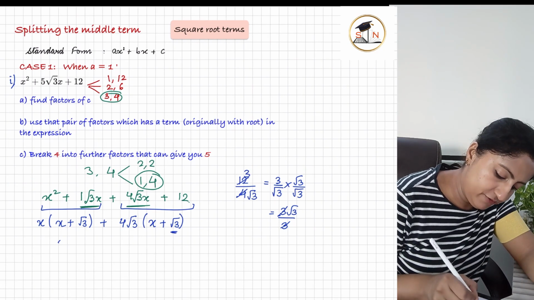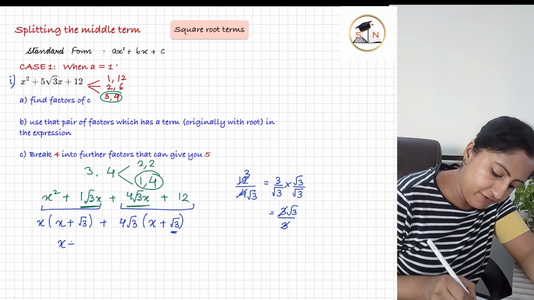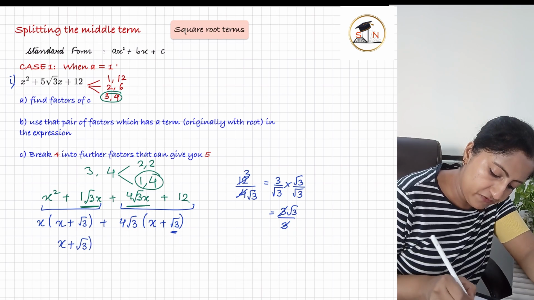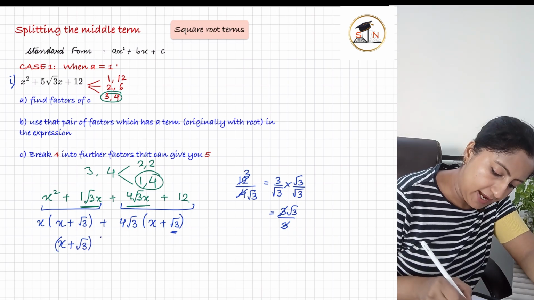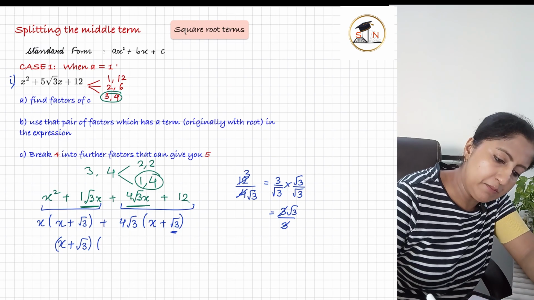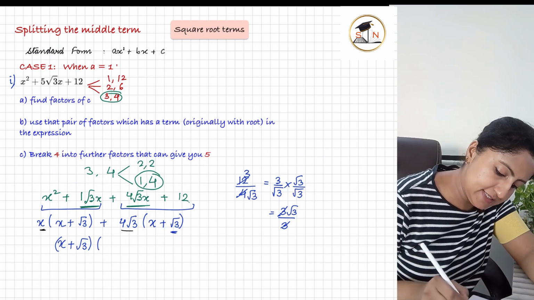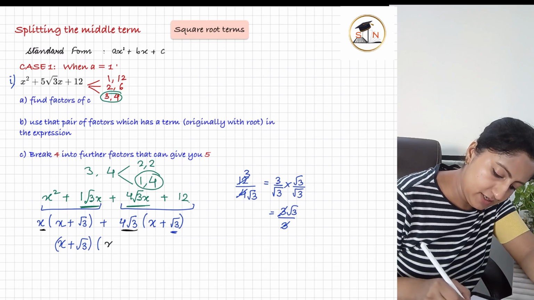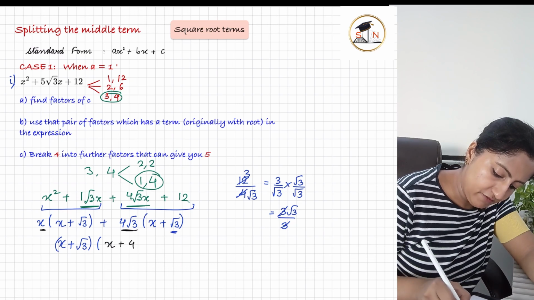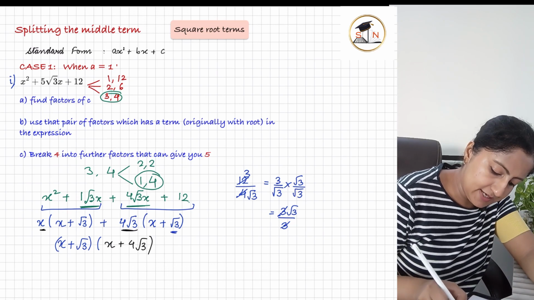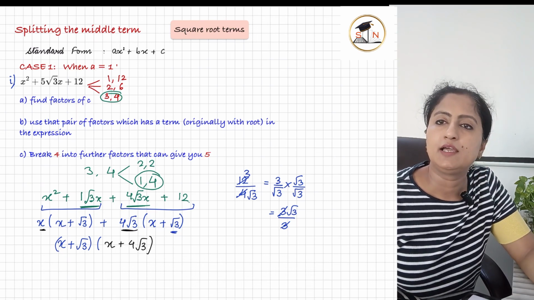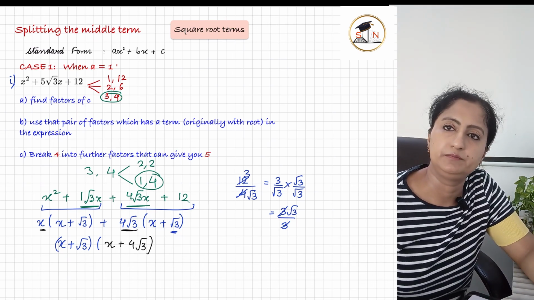So therefore, now the first factor is x plus root 3, which is the common group, and the second factor becomes the remaining terms, which are x plus 4 root 3, and hence we have got the factors as x plus root 3 and x plus 4 root 3.